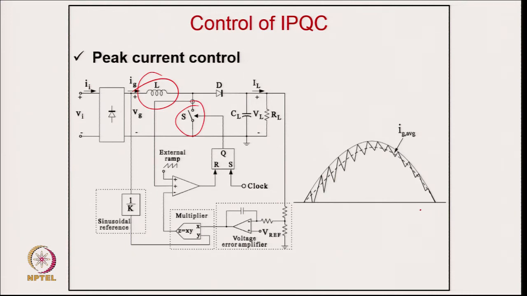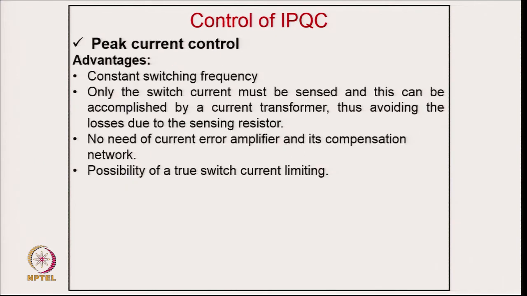So, this is the waveform: once it touches the peak current, you switch off the pulse, and that is what we call peak current control. What are the advantages of this peak current control? We get a constant switching frequency, and only the switch current must be sensed. This can be accomplished by a current transformer or Hall effect current sensor, thus avoiding the losses due to a sensing resistor.